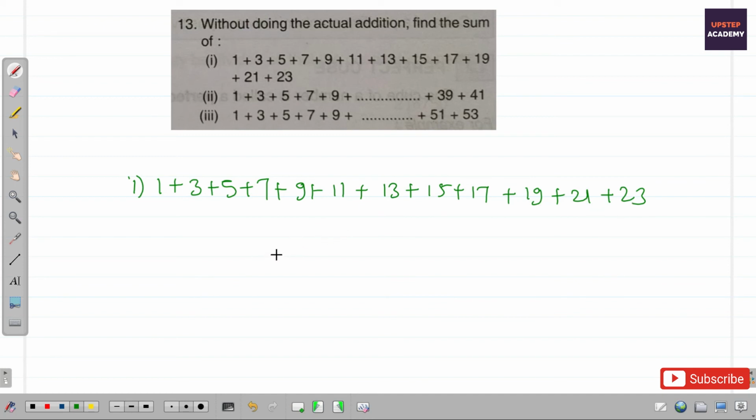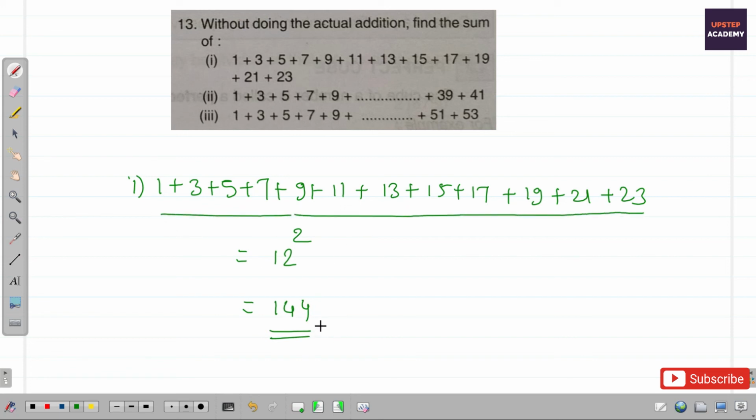So these are the first 12 odd natural numbers and we are going to find their sum. According to the properties of square numbers, the sum of the first n odd natural numbers is equal to n square. The count here is 12, so the sum will be 12 square, and 12 square is 144. So the sum of the first 12 odd natural numbers is 144.